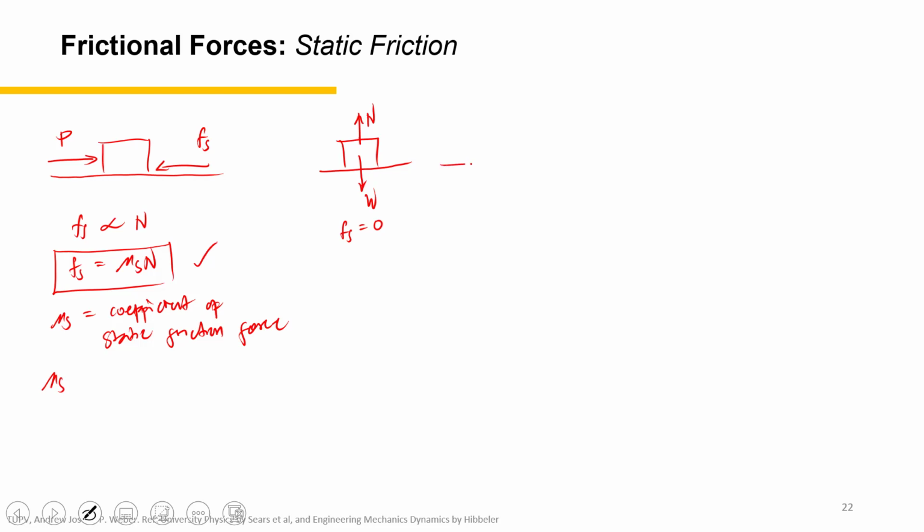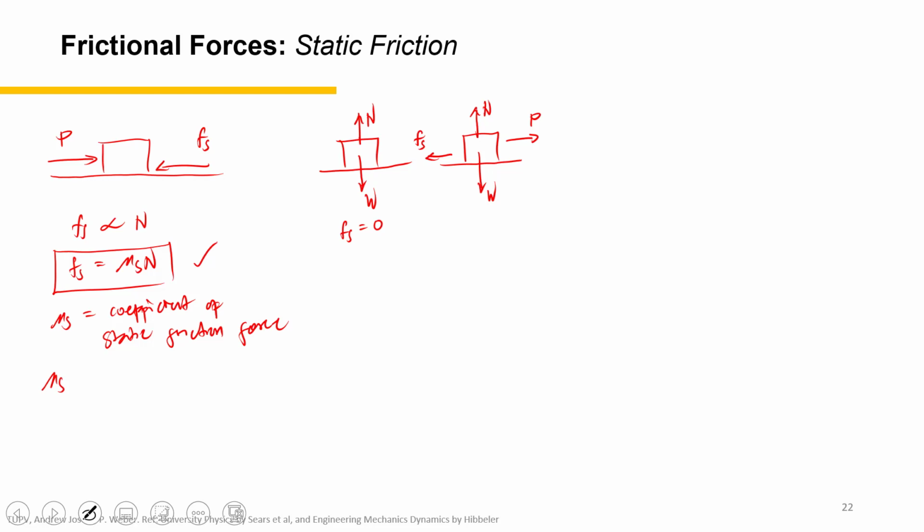On the other hand, if we try to apply a force, first we still have weight and the normal force, we apply, for instance, a force P on the right, but still the box doesn't move. It is because there is an equal but opposite reaction force, which is the Fs.